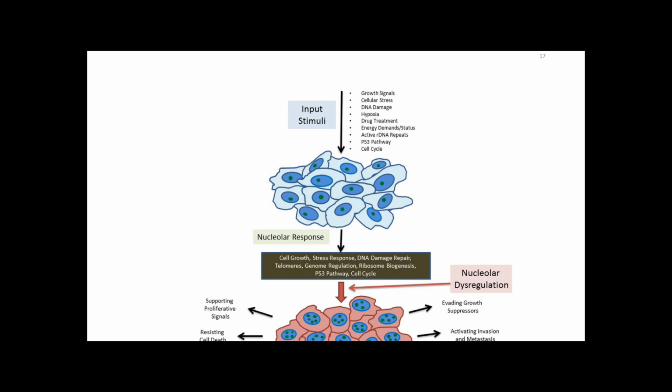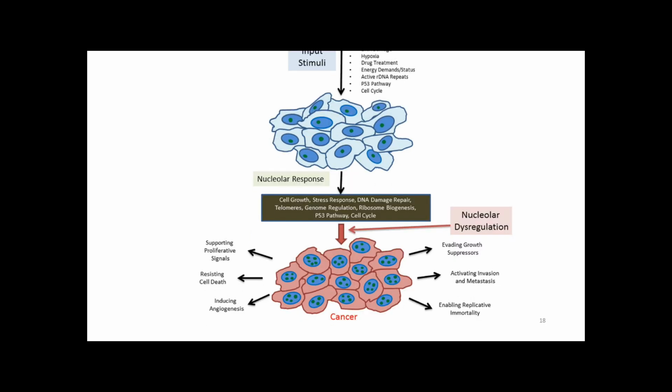When they happen to the normal cell, the nucleus responds: cell growth, stress response, DNA damage repair, telomeres, genome regulation, cytoplasm biogenetics, the P53 pathway and cell cycle. These are also involved, and these normal cells become abnormal.